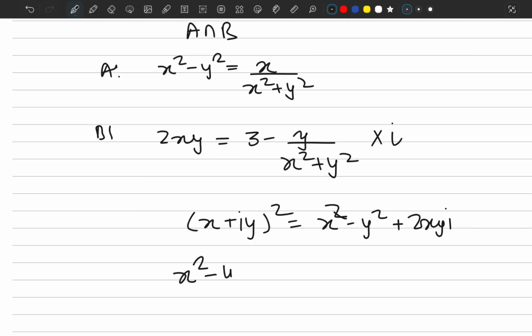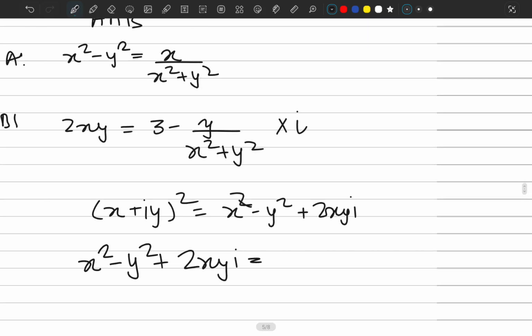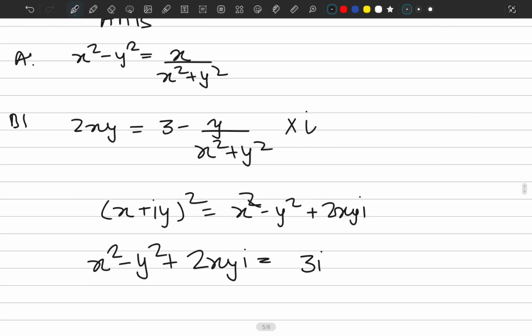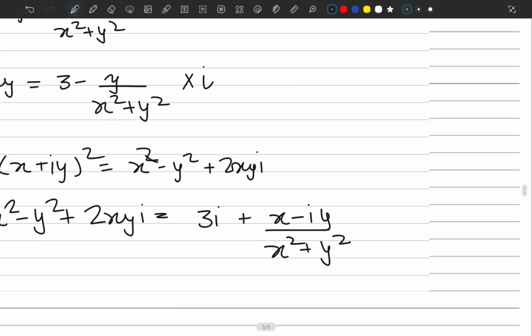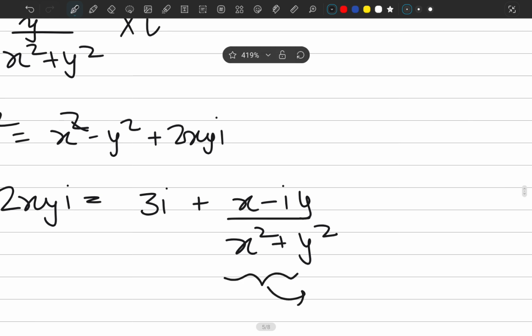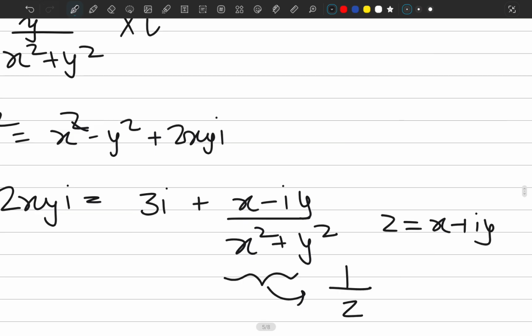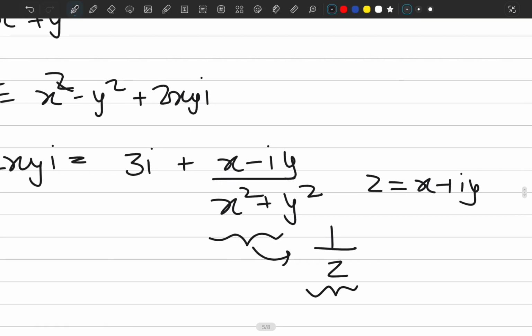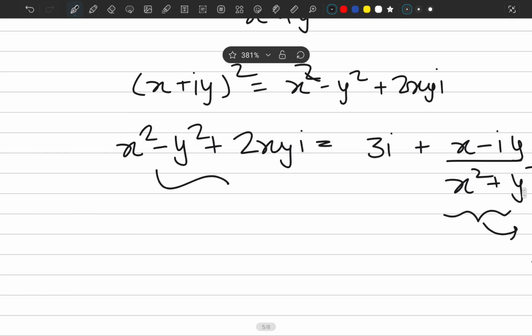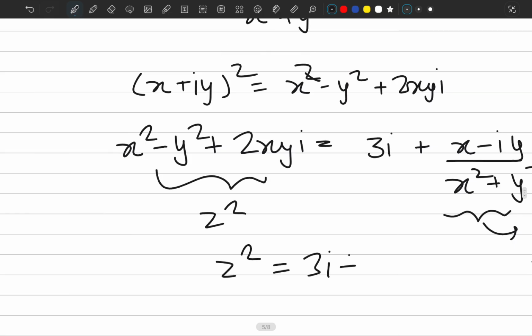That gives us y square plus 2xy iota, and this gives us 3 iota plus x minus iy upon x square plus y square. Now this term, you can see it is just 1 by z, if z is x plus iy, right, then it is 1 by z, and this is z square equals 3i plus 1 by z.